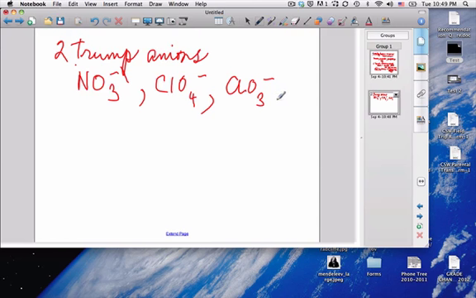Okay, and the other one is acetate. I'll give you a little hint. I'm not going to write this down, but I think silver acetate is right on the cusp of being insoluble. But these are trumps.